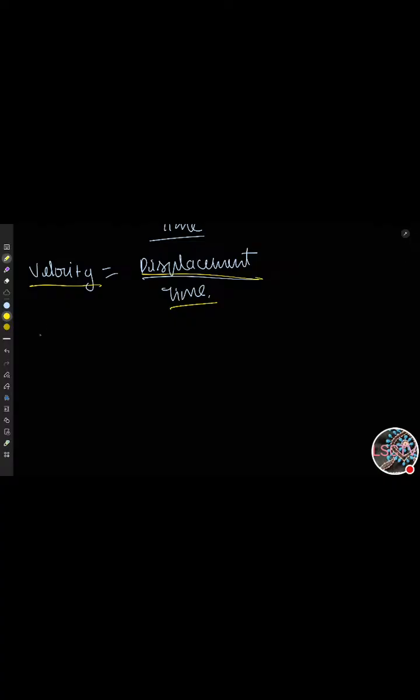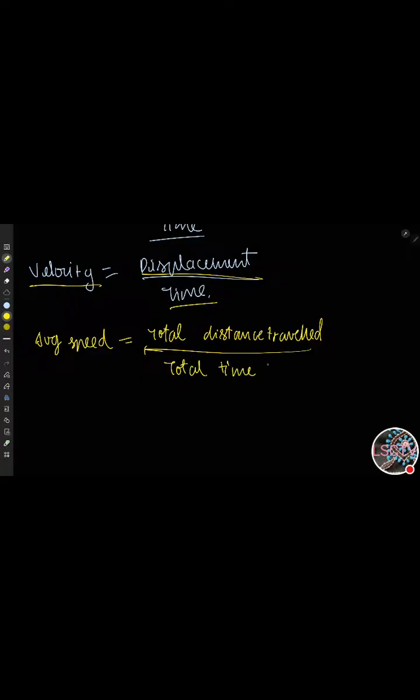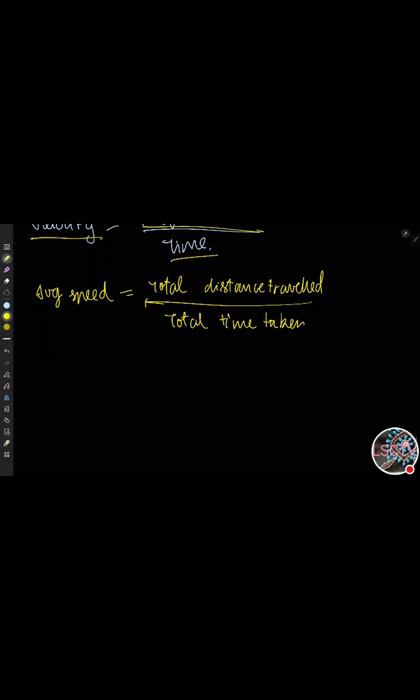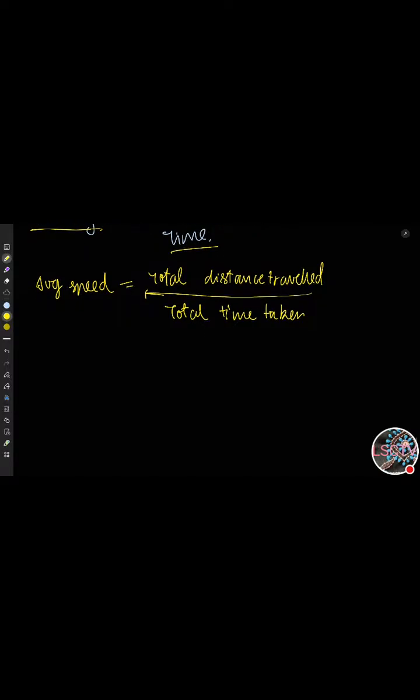Now, what is the formula for average speed? Average speed, which I didn't tell you before, is the total distance traveled divided by the total time taken. Similarly, average velocity is completely different.